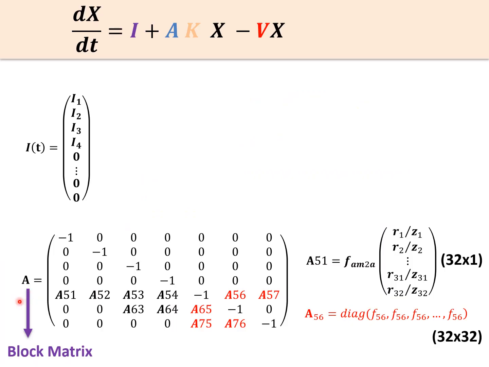The transfer matrix, the A matrix, with 100 by 100 dimension, is folded into this block matrix. Each of the smaller blocks is in black. For example, A51 is a depth-dependent vector which tracks the fraction of litter carbon that is transferred into soil organic carbon in different soil layers.